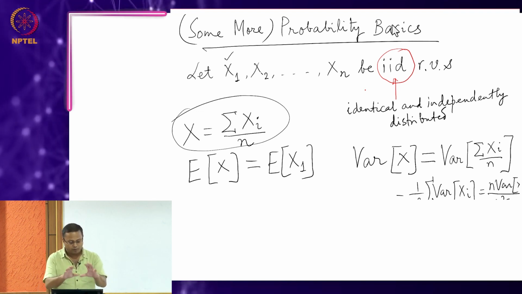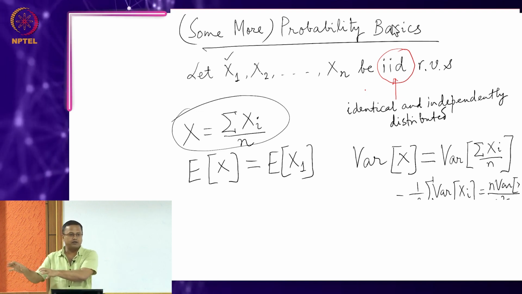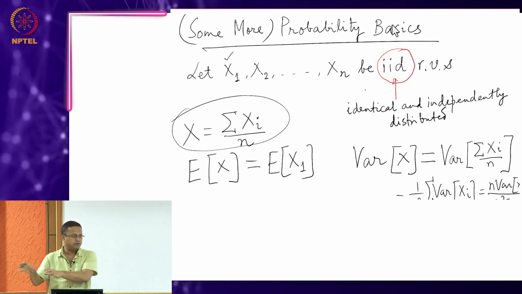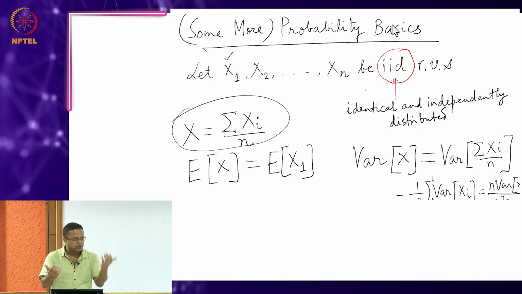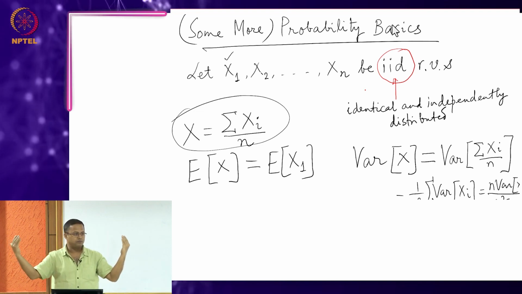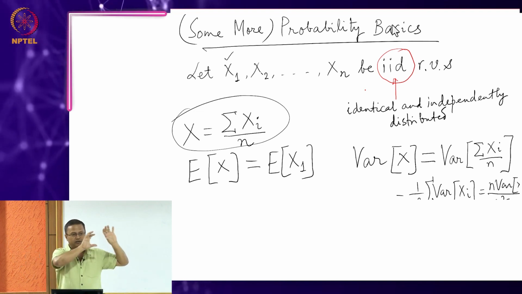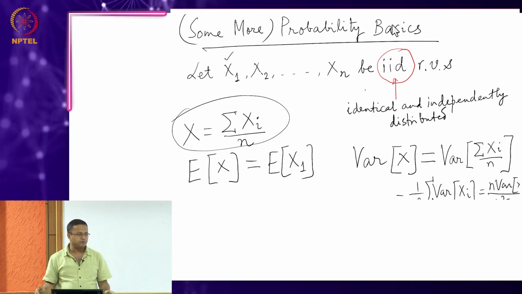Now, see how a probabilistic idea translates into an algorithmic idea. What you just now do is run independent copies of the same algorithm. The stream is the same, but what you are doing is you are running independent copies of the same algorithm.